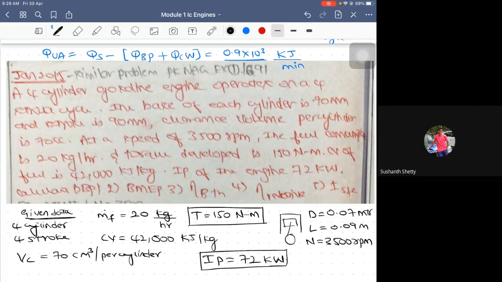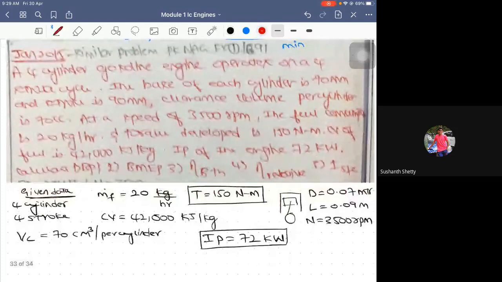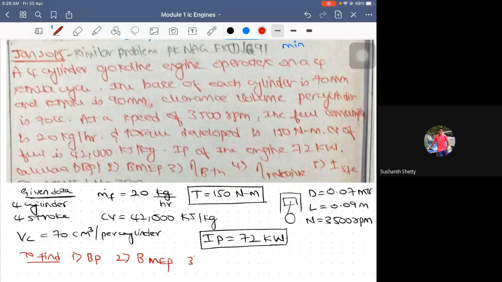Very good. Now, to find, what all you have to find? Number one, you have to calculate the brake power. Second, you have to calculate the brake mean effective pressure. Third, the brake thermal efficiency.